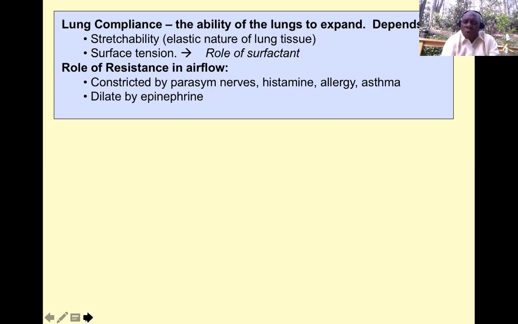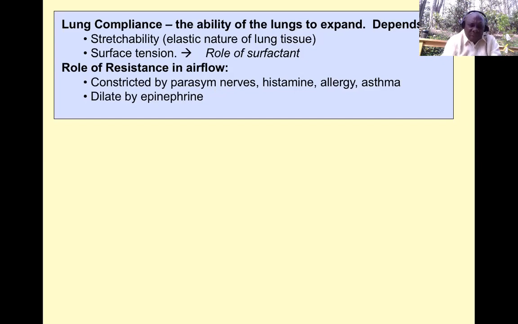We have already talked about one factor, the surface tension. So reduced surface tension, and we say the surfactant has a role. And remember the illustration we used, blowing the balloon as a 2-year-old. The surfactant helps the alveoli to expand without a lot of effort.